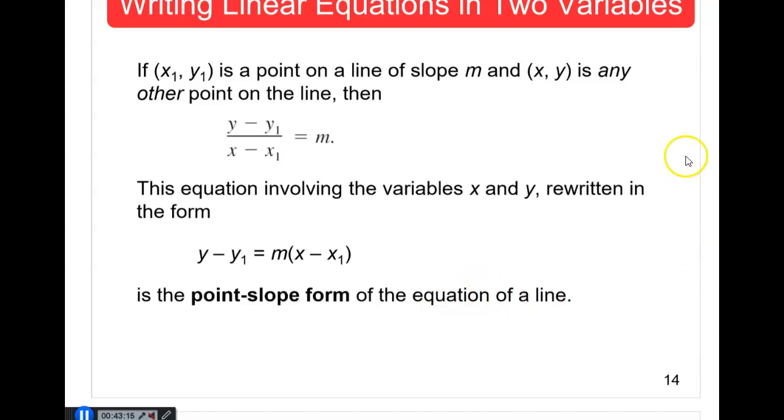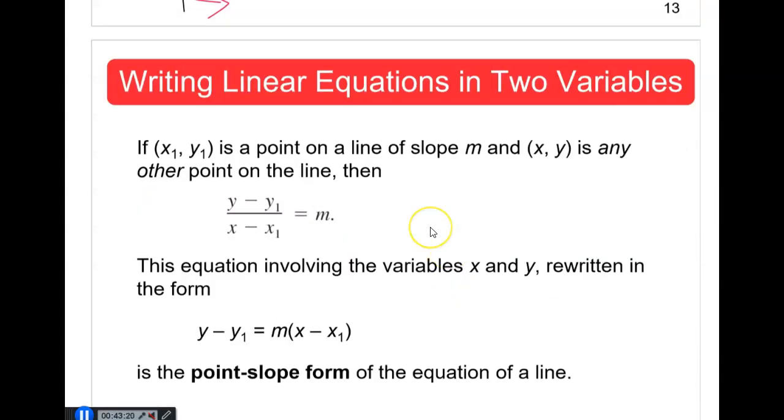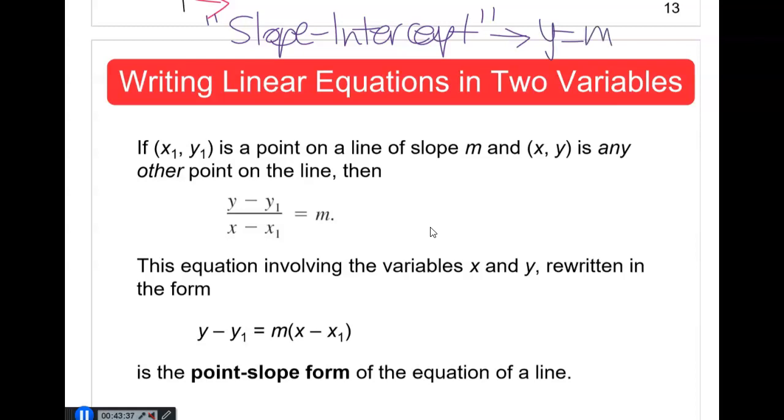So now we're going to move on from the slope-intercept form. When I say slope-intercept form, what I'm referring to is this form, y equals mx plus b. We call it that because we have the slope, which is the m, and we have the y-intercept, which comes from this constant.